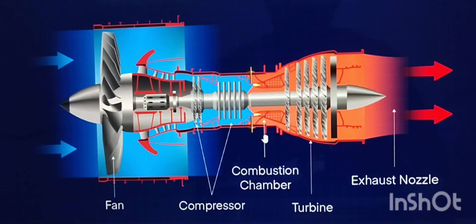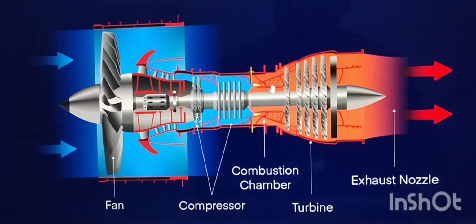So in the combustion chamber, when the compressed air enters the combustion chamber, aviation fuel will be sprayed into the compressed gas, and at the same time the ignition is supplied by the engine.